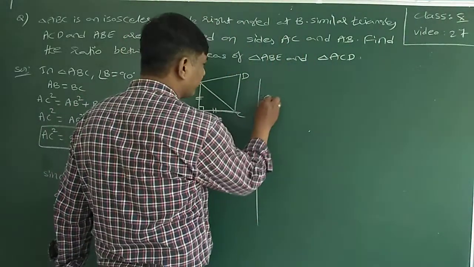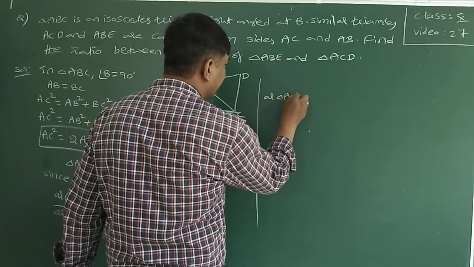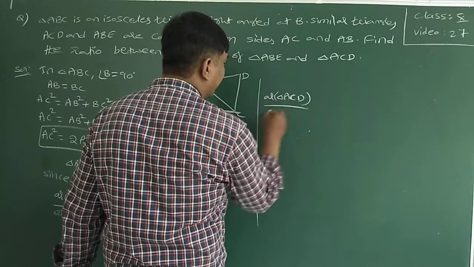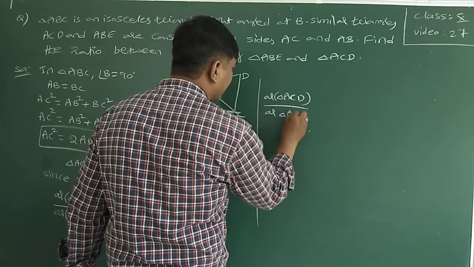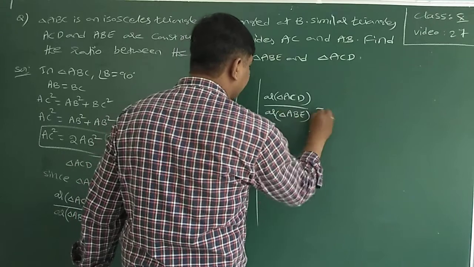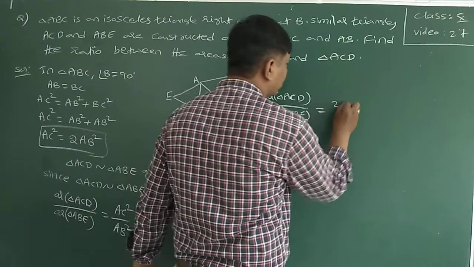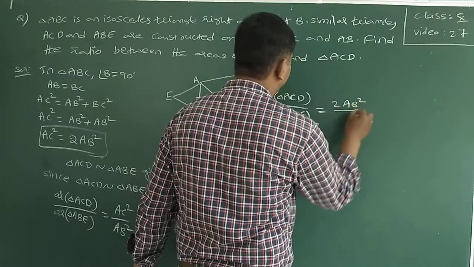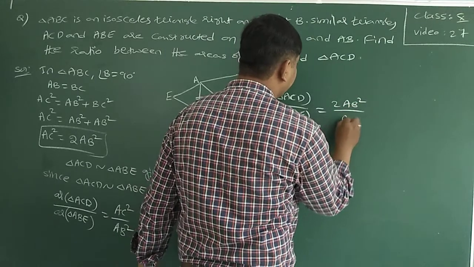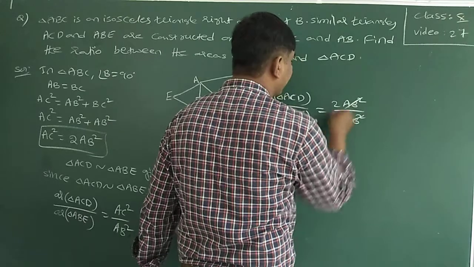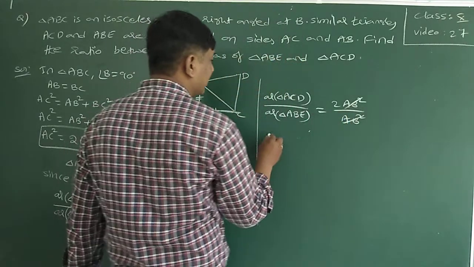So area of triangle ACD by area of triangle ABE is equal to AC square, which is nothing but 2AB square, by AB square. Now AB square cancels.